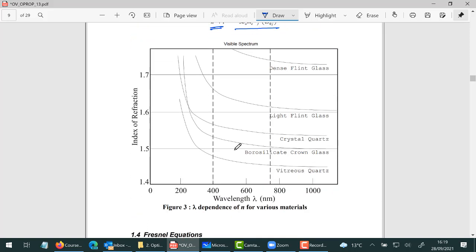Here are some graphs. This is wavelength. Increasing wavelength means decreasing frequency, so if wavelength is increasing in that direction, then our frequency, nu, is increasing in the other direction. And these are various different types of glass materials that we would commonly find in optical systems.